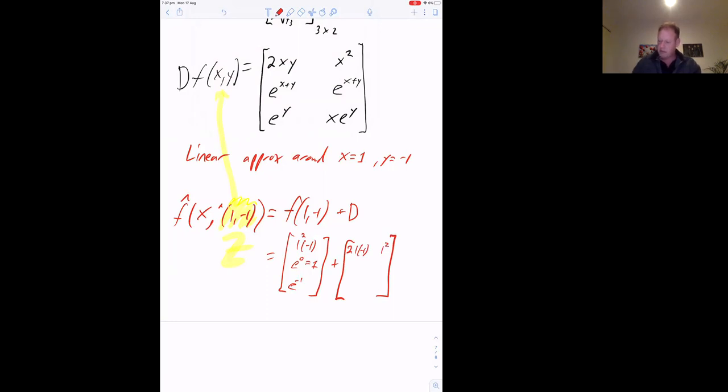Of course, these things can be simplified: e to the power 1 plus -1 is e to the power 0, which is 1. And again, e to the power 1 plus -1, and e to the power -1, and 1 times e to the power -1. So that's this matrix times x. Let me write it like this: x1 minus 1, x2 minus -1.